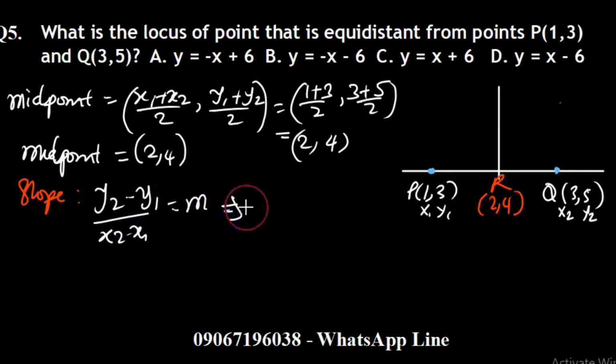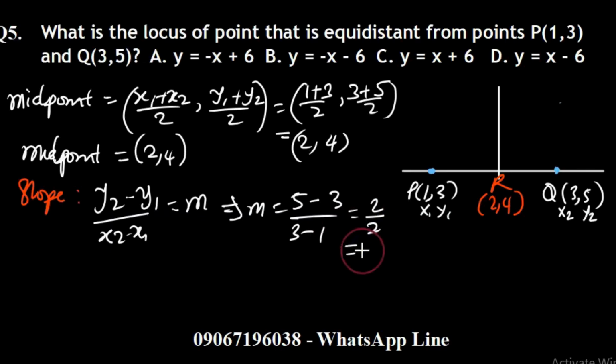So if we go with that, m is equal to y2, you can see that y2 is 5 minus y1 is 3, divided by x2 is 3 minus x1 is 1. So this is going to give us 2 over 2, which is equal to 1. So this is equal to 1.